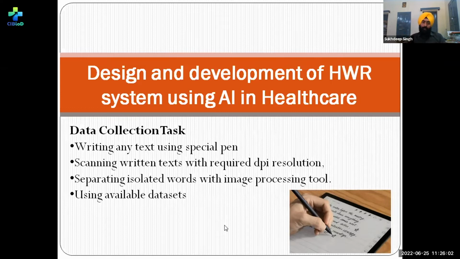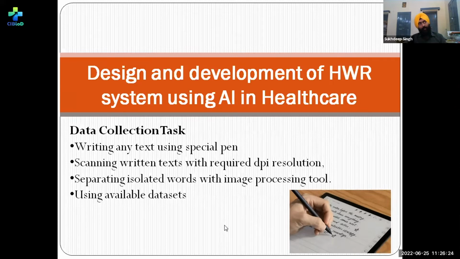The other option is to use OPD cards of different departments. We have to scan that data, and we can use different DPI resolutions for scanning. Normally we use 600 DPI.